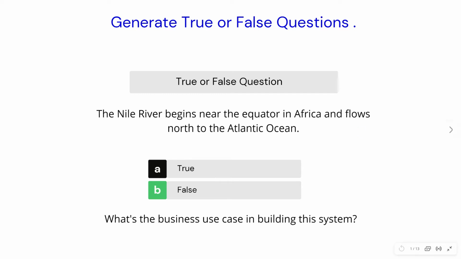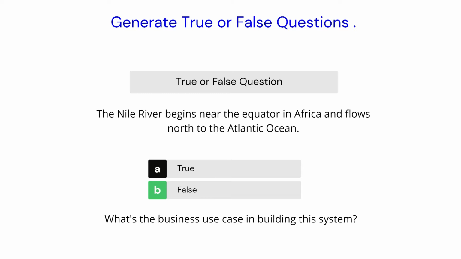So what's the practical use case for building such a system? If you take any digital textbook platforms or even publishers like McGraw-Hill or Pearson or test prep companies or tutoring chains, they all create these kinds of questions at scale.